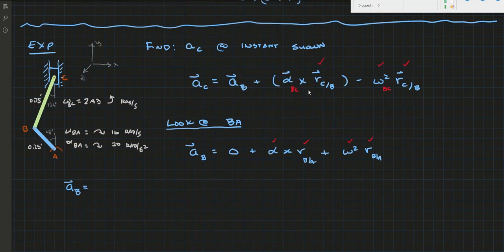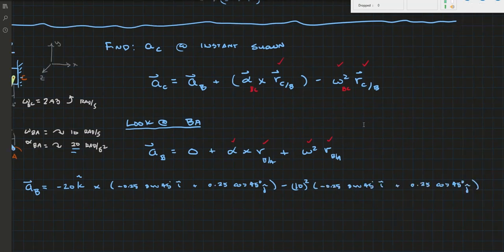So acceleration of B equals minus 20 from here, k, cross minus 0.25 sine of 45 degrees I plus 0.25 cosine of 45 degrees J, minus 10 rad per second squared times the same thing.